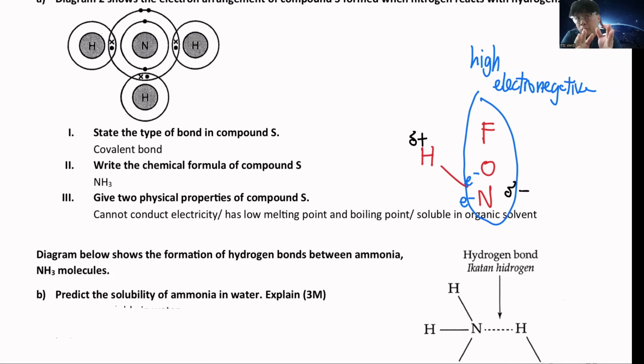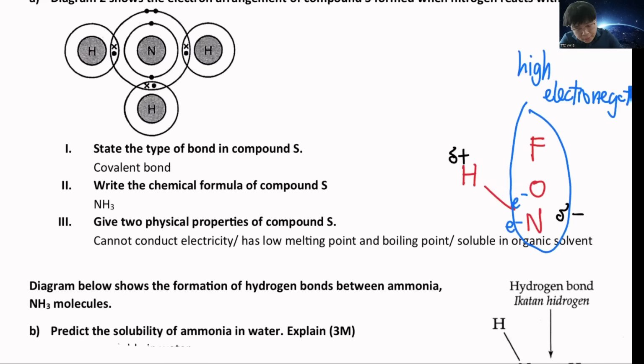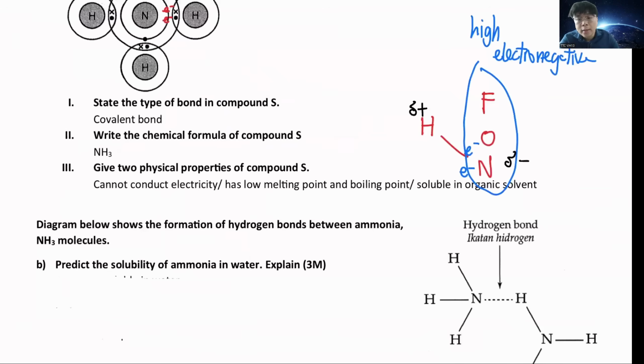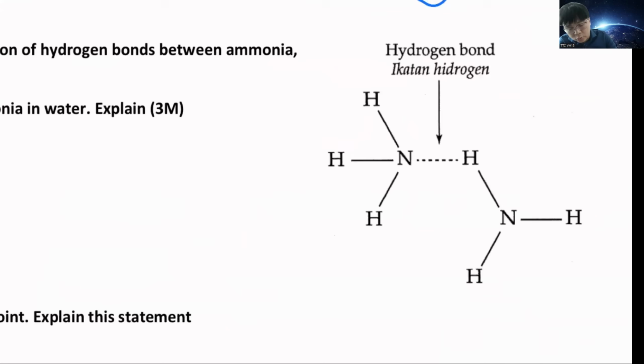Because the electron is negative, if it is at the middle here, of course it's neutral. But when the electron is attracted closer to the nitrogen, it causes the charge to be unbalanced. So your right-hand side becomes partial negative, your left-hand side becomes partial positive. That's why when you have H connected to FON, the hydrogen will become partial positive, and nitrogen becomes partial negative. Partial positive, partial negative, partial positive, partial negative.